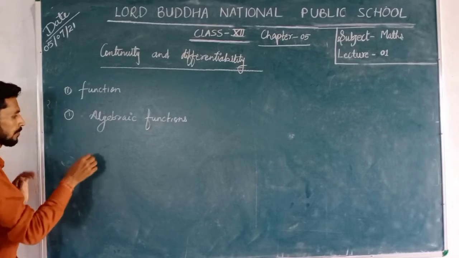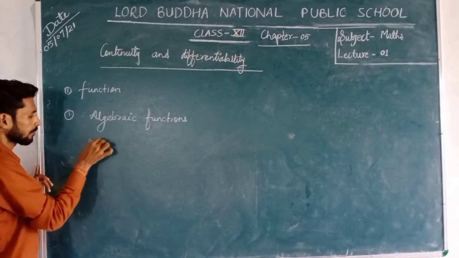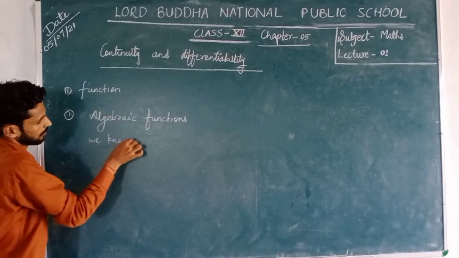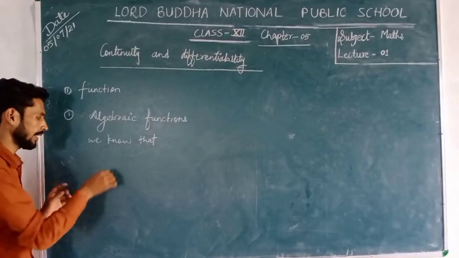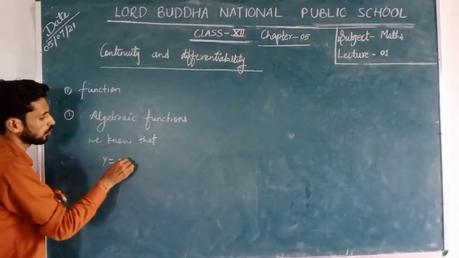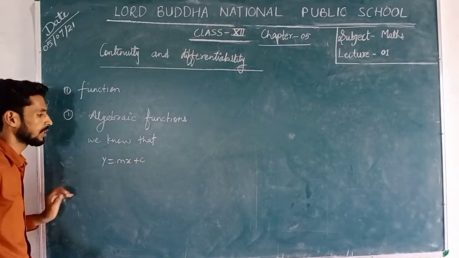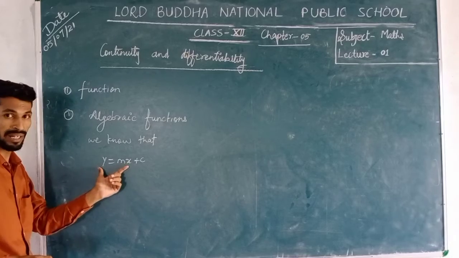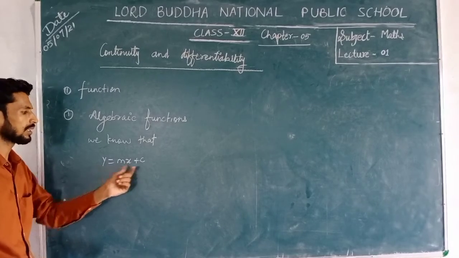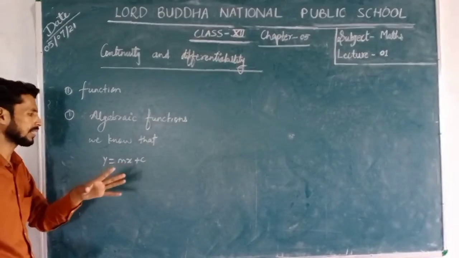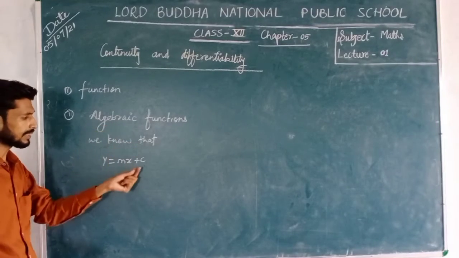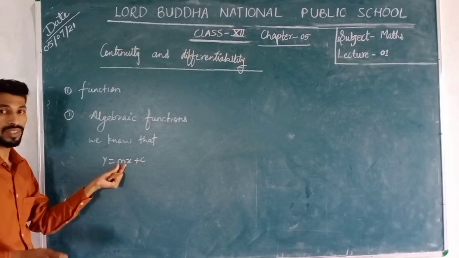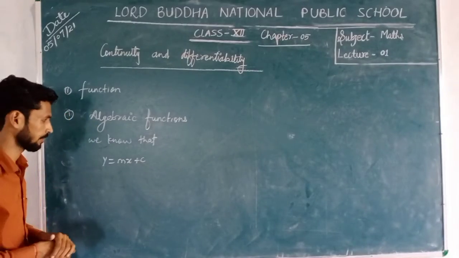For example, we know that the equation of a straight line is y equals mx plus c. In this condition, this is the algebraic function, because c is a constant, m is a constant, that is the slope. All the things like c and m we have discussed in the previous class, that is class 11th.